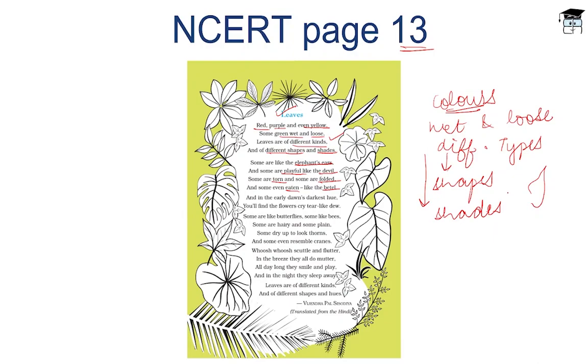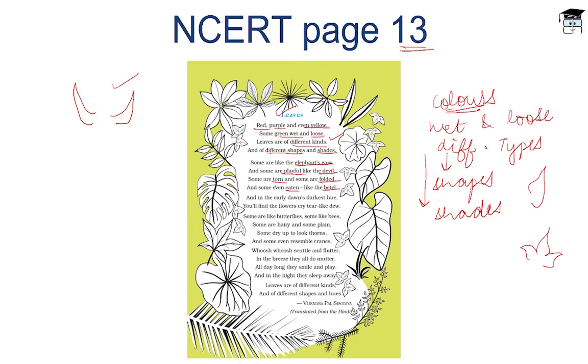Okay. And some are as playful as the devil. That means they look as fun, they look as of different shapes and sizes as if they are of the devil shape. How is the devil shape? Like this, right? So Didi is saying that some leaves are shaped like the devil.